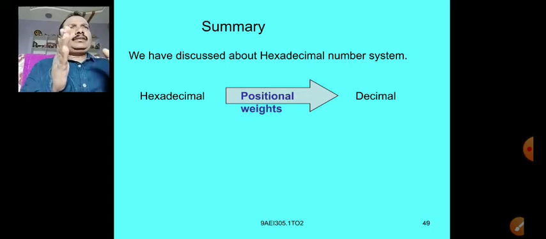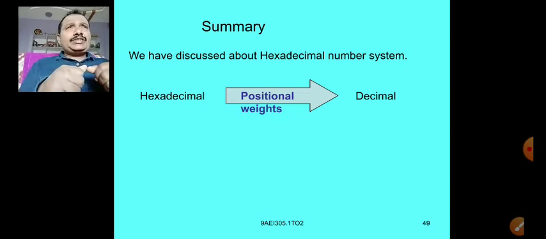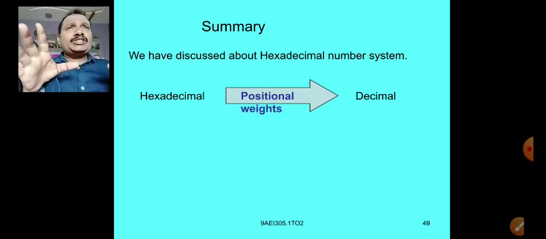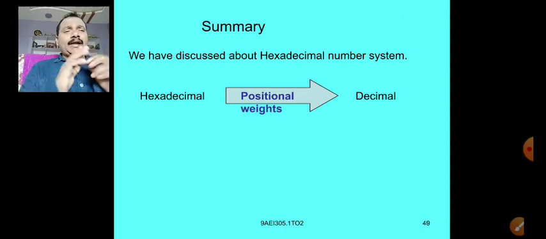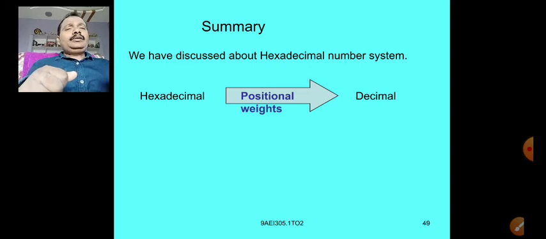So whatever other number systems, when we want to convert them into decimal, what you have to do is just expand them in terms of its radix. That is the important thing you have to remember. That means, how do you expand with its radix?